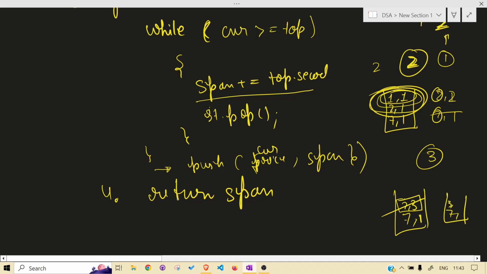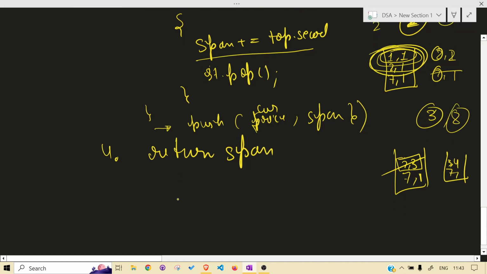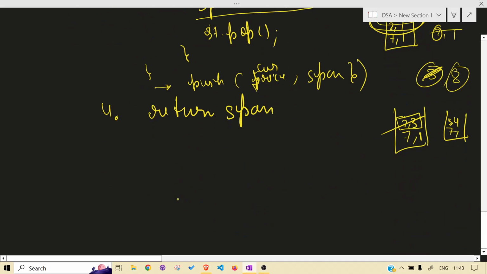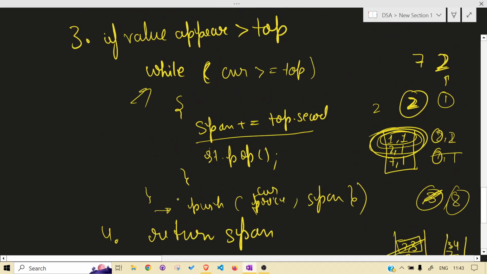We were having 3, now 4, but say 8 had arrived, this while loop would encounter it. So we pop this, so 4 plus 1 for itself, we have 8 comma 5. So this is handling everything, and I hope this much is clear.